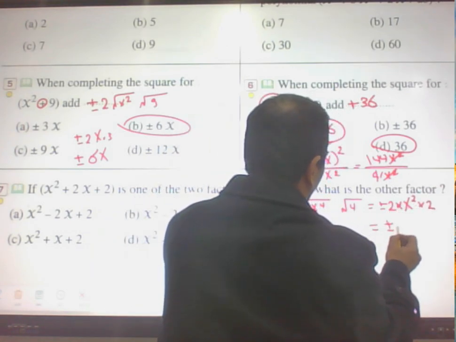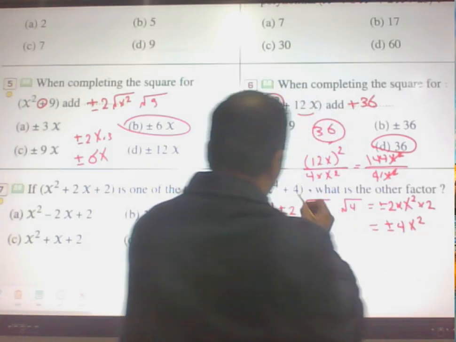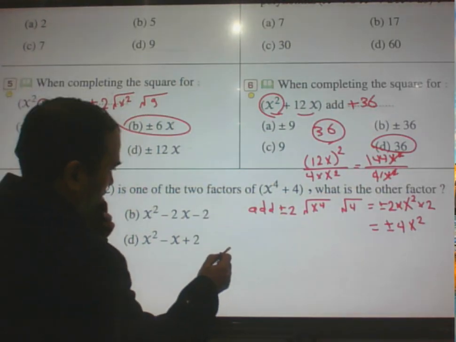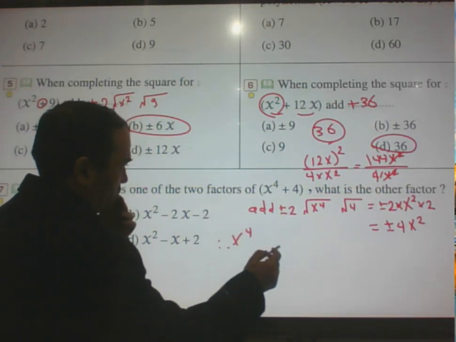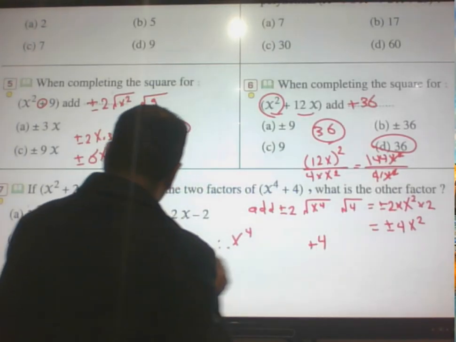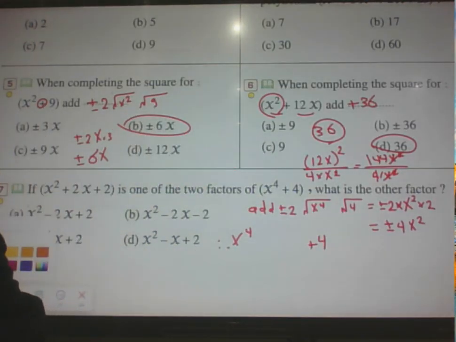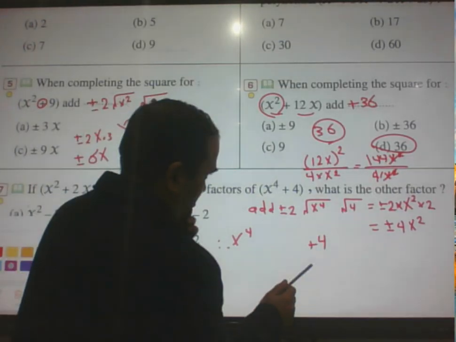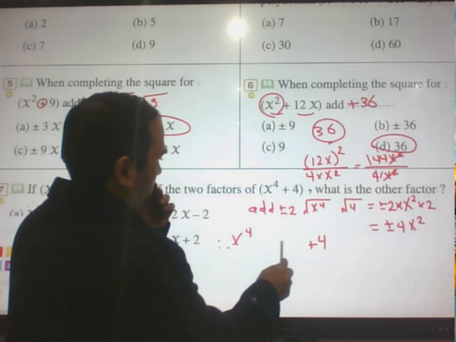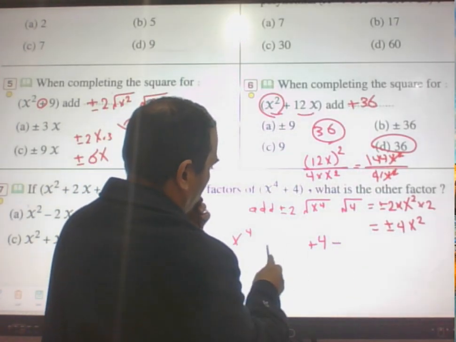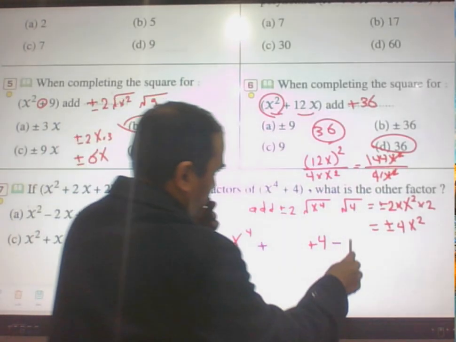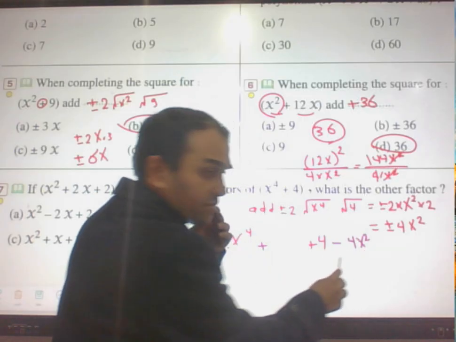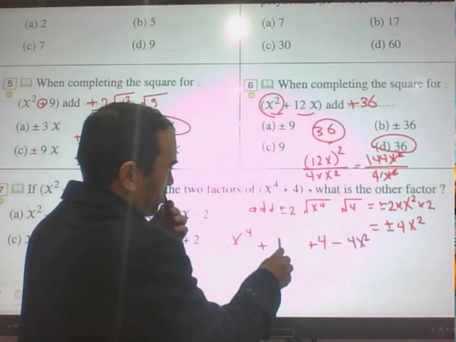The result will be positive or negative 4x power 2. Then we can add it here. Then we have x power 4 plus 4, and between them we can write the inverse, negative and positive. Negative 4x power 2, and in the middle here we can write 4x power 2.